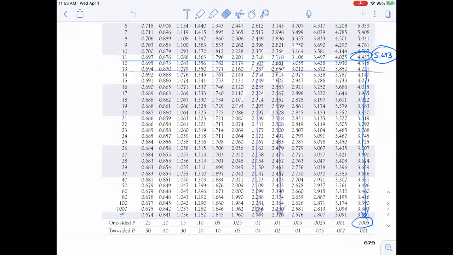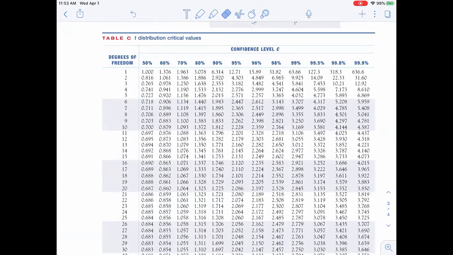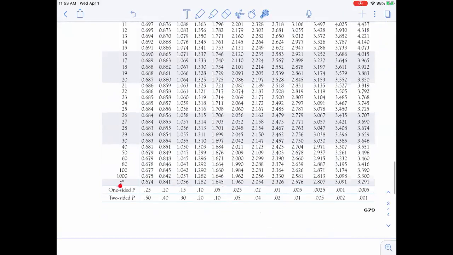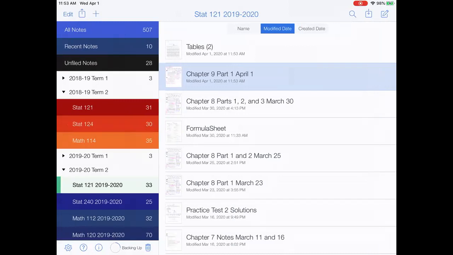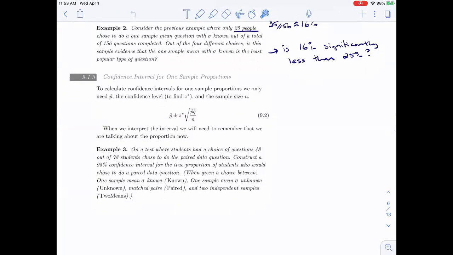If you want a 95% confidence interval, then you scroll all the way down to the Z star row, and this is where you find your Z star. Z star from the Z star row on the t-table.